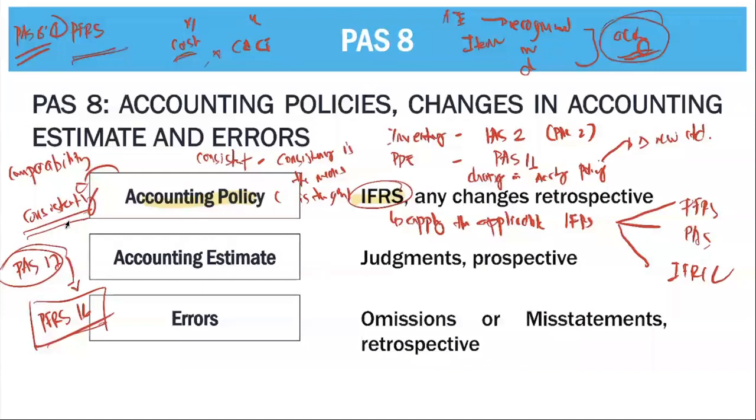So what happens if there is a change of accounting policy? We account for the change retrospectively. Sir, what do we mean by retrospective?